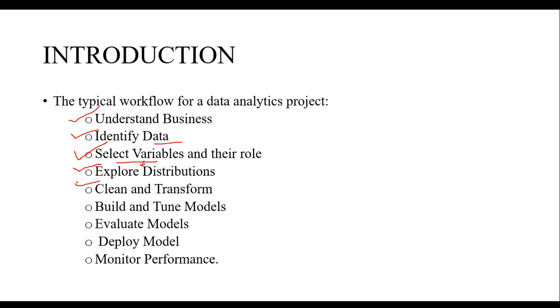Next, as I told you just now, the data has to be cleaned, and then you transform it for the statistical analysis. One example: clean means that there are no missing values.